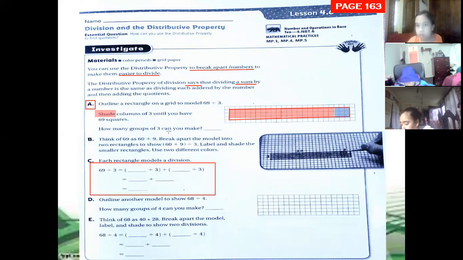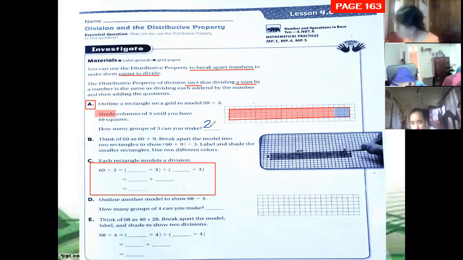How many groups of 3 can you make? If I color, let's count. I have 1, 2, 3, 4, 5, 6, 7, 8, 9, 10, 11, 12, 13, 14, 15, 16, 17, 18, 19, 20, 21, 22, and 23.